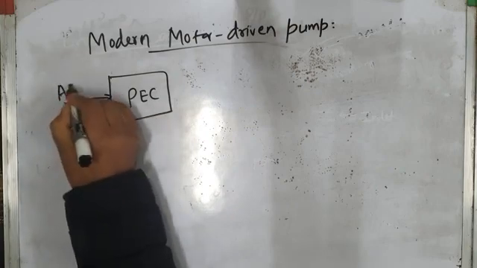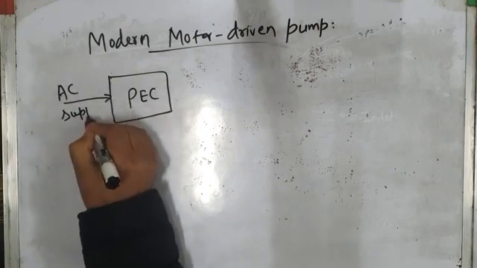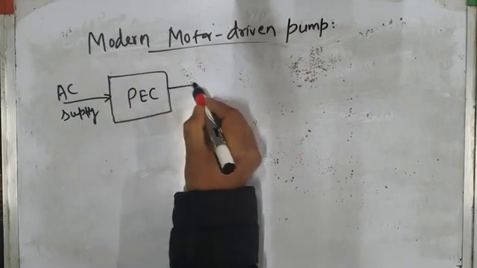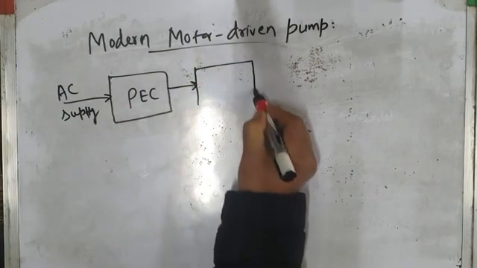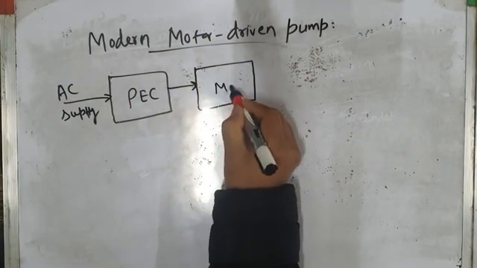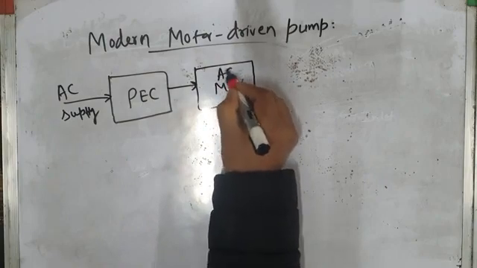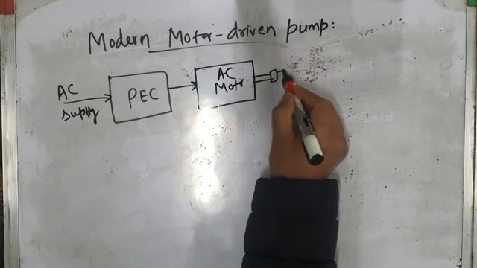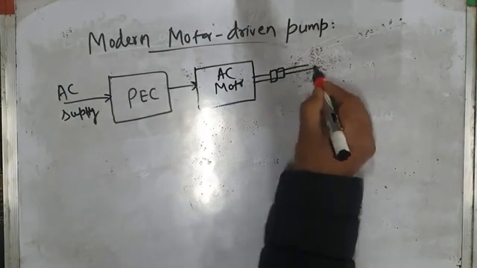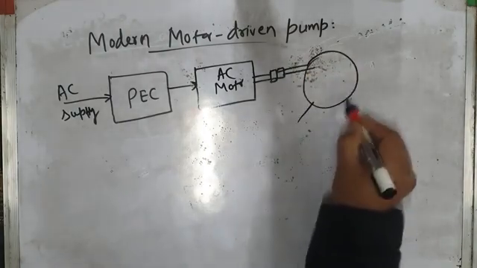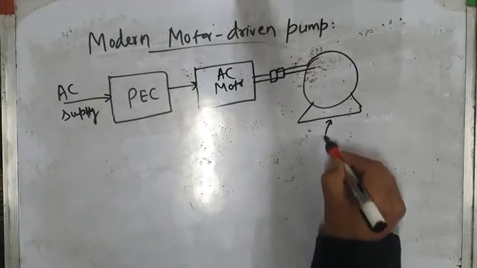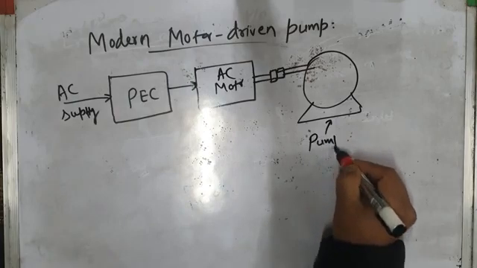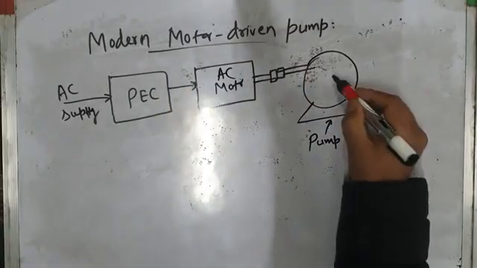This is AC input or AC supply, which may be single phase or three phase. This power electronic converter gives supply to the motor. So this is our motor, of course, AC motor. And the AC motor is coupled with the pump. This is the same pump that we had used earlier, but the pump is now controlled by this mechanism.